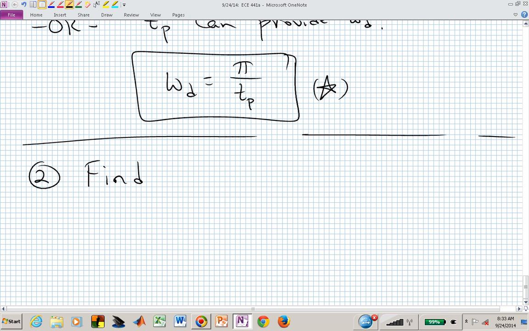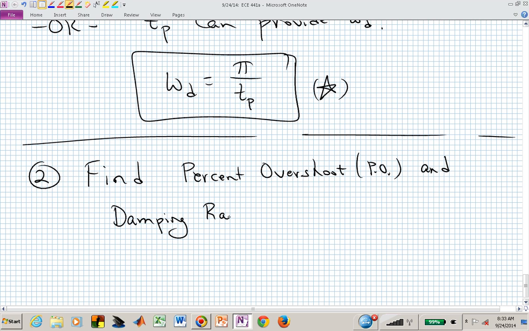So let's now find the relationship between percent overshoot, which I will subsequently just call PO, and damping ratio, zeta. What does zeta give us?